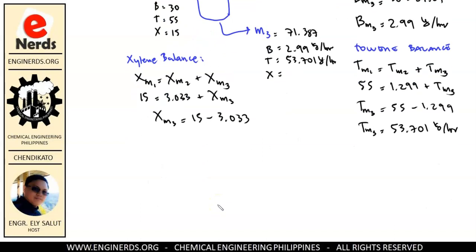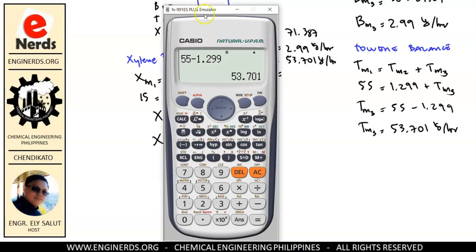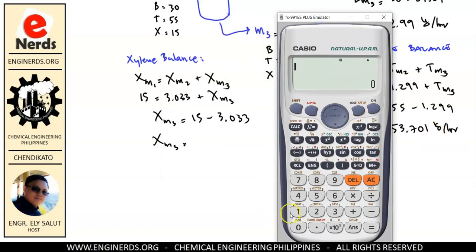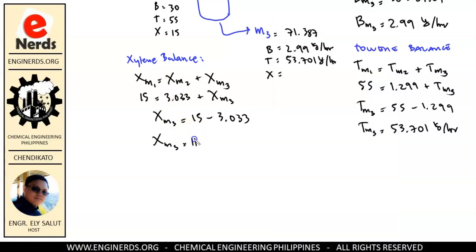So therefore, our xylene in M3 is equal to, okay, so we have 15 minus 3.033. This is equal to 11.967 kilogram per cubic meter. Okay, so here we have 11.967 kilogram per hour, sorry. This is per hour. Okay, so let me just erase it. Okay, so this is kilogram per hour.